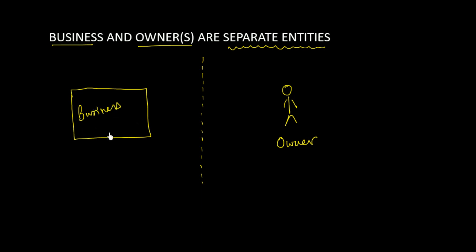They are different entities. From the point of view of the accountant, he will view the owner as a separate person and the business as a separate person, and he will strictly record the transactions of the business only. He will not record the personal or private transactions of the owner.